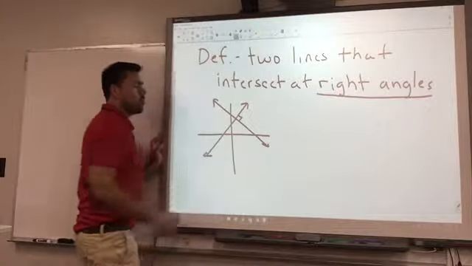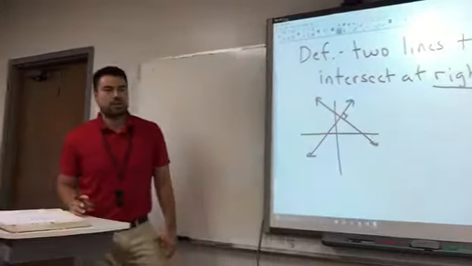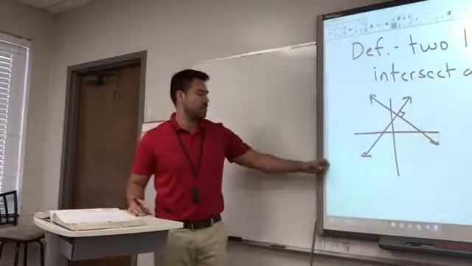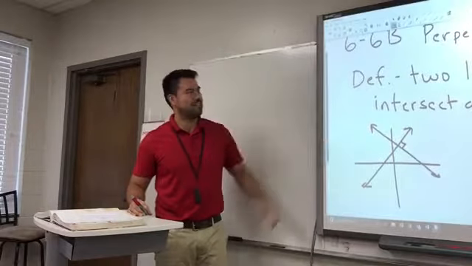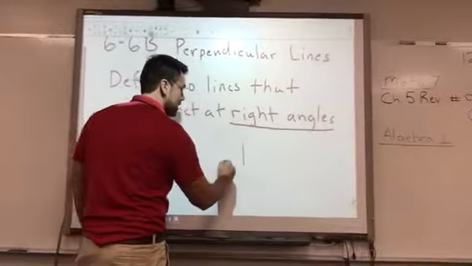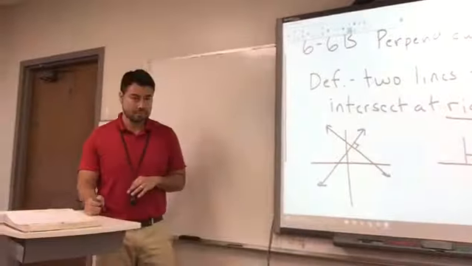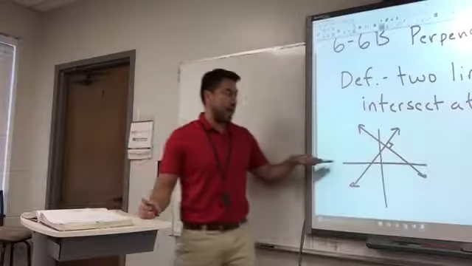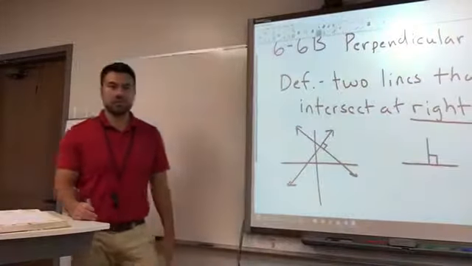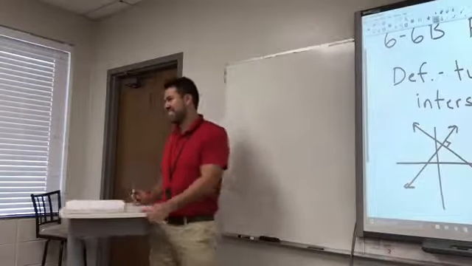And if they form right angles, these two lines are perpendicular. All right, the geometric symbol for perpendicular is this. Yep, the axes are perpendicular to each other. Yes, thank you for reading that definition.